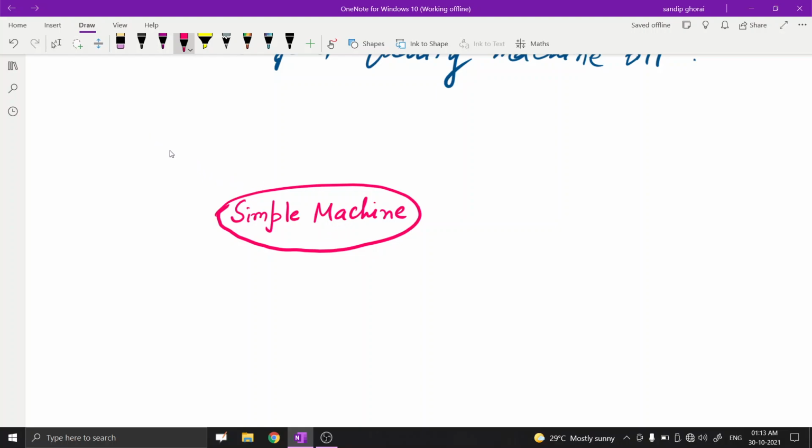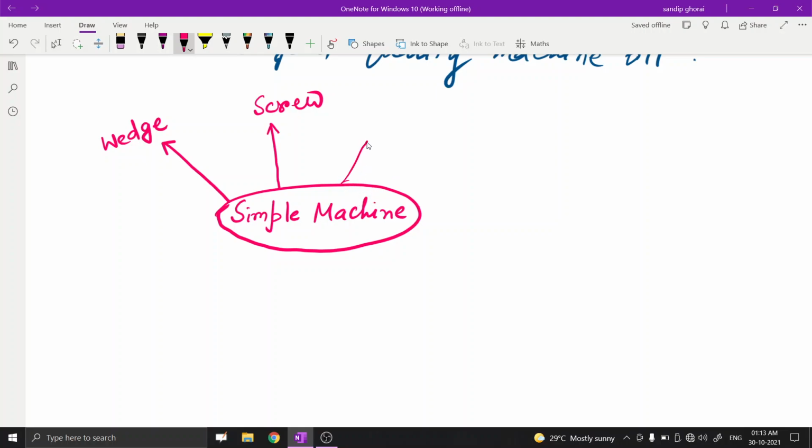So here we draw, this is OH, and you have to know the definition of OH and how it works. And the second one is screw, and you have to know the definition of screw and how it works similarly.